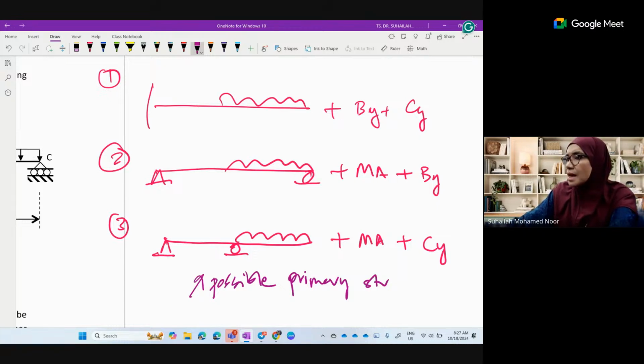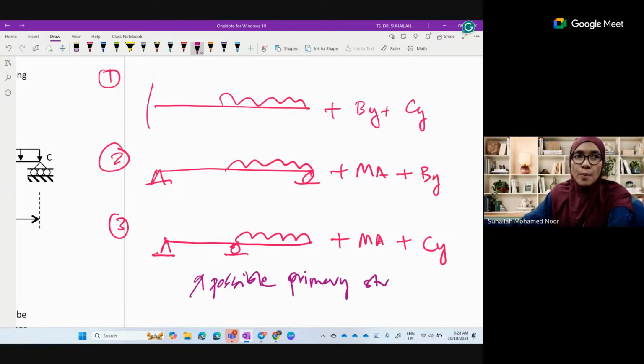Second, MA and BY as the redundants, so it becomes a simply supported beam. And option number three, we remove the moment and CY. It is still stable and determinate because there are three unknown reactions.